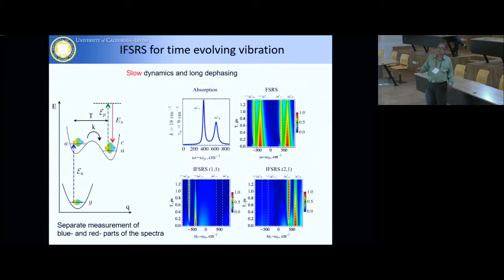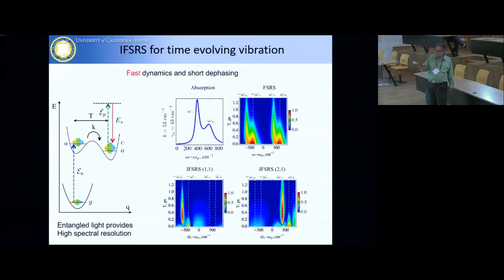Now, here, the classical light is good enough so I don't get much new information. But if the jump between the states is fast, this is broadened. The resolution here is not good in the classical, but in the quantum case, you got a much better resolution. And on top of it, you can measure separately the different pathways.